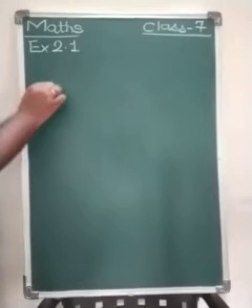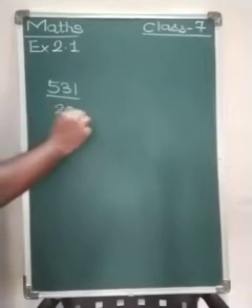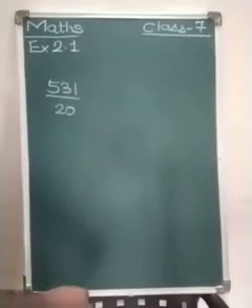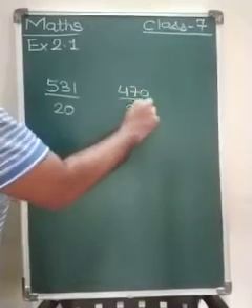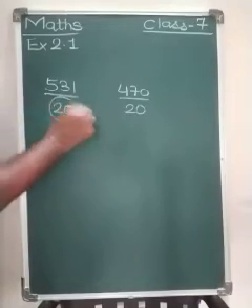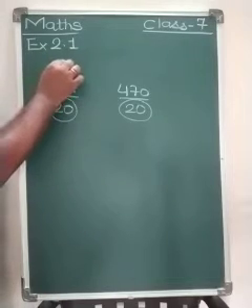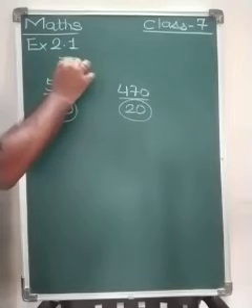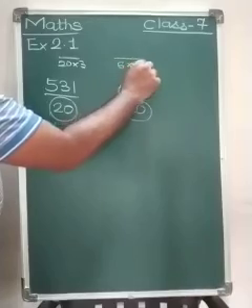In yesterday's sum it was 531 upon 20, and one more thing, there it was 470 upon 20, if I am not wrong. But the 20 should not be 20, because in the above step the denominator was 20 into 3, and here it was, I think, 6 into 10.